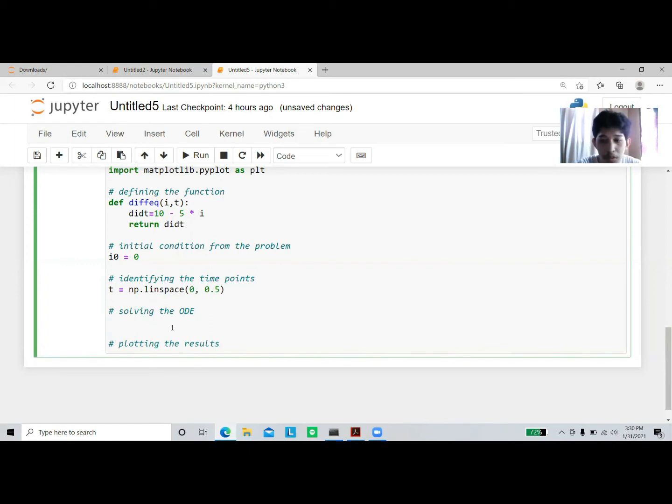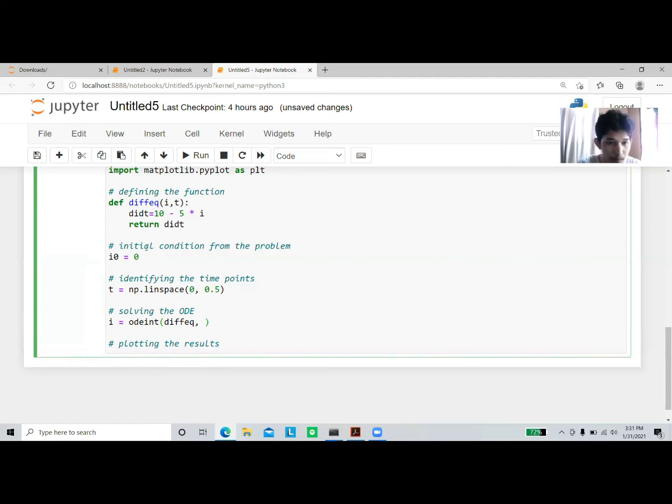What you are looking for is the variable I, so that is what you need to input here. It is equal to odeint, and then let's input the function that we made earlier, the def eq.